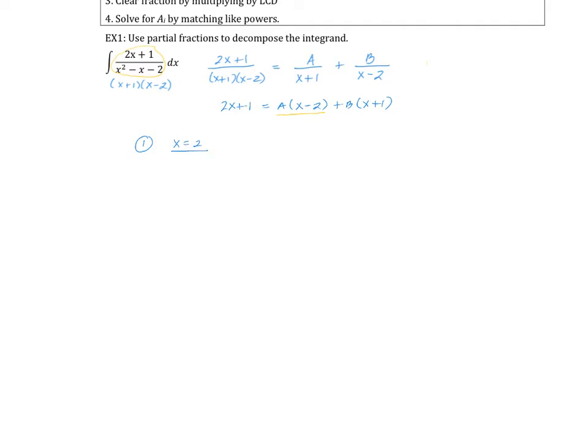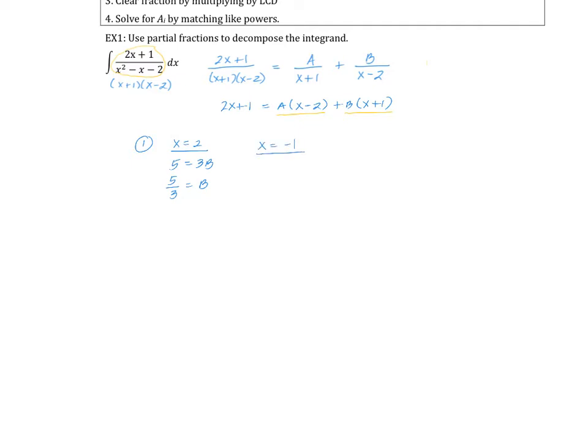So I end up with this equation. Let's see, 2 times 2 plus 1, I get 5, is equal to 3B. So right away I find that B is equal to 5/3. Now I'm going to get rid of the term with the B in it by strategically picking x to be -1.